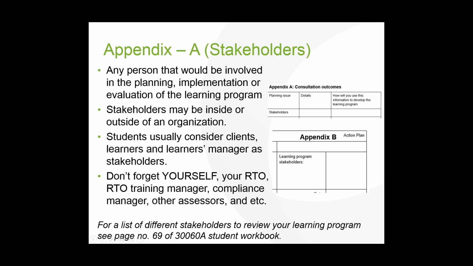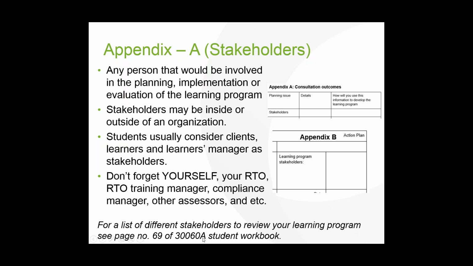So we suggest you try to write at least 5 to 6 stakeholders there who can be involved in this learning program. And if you want to learn more about stakeholders, go to page number 69 of student workbook 30060A.